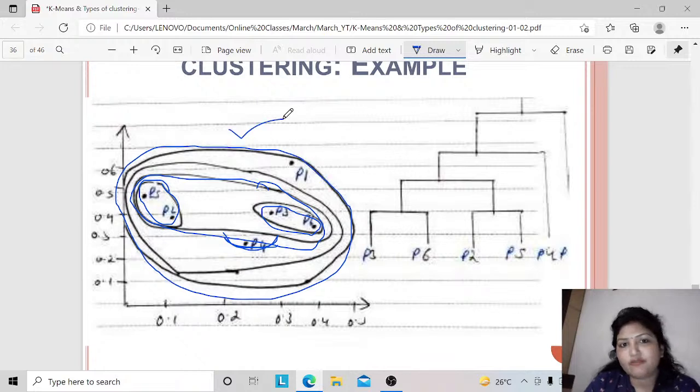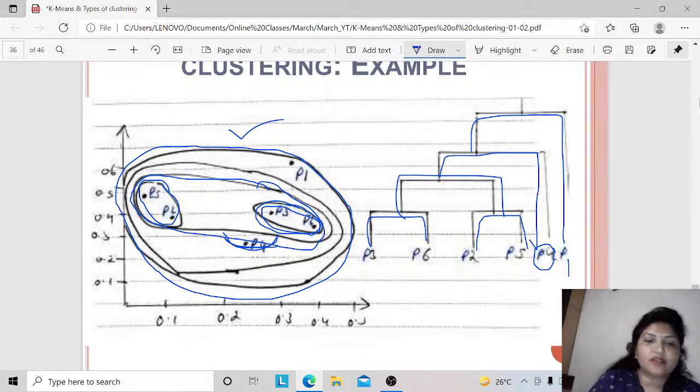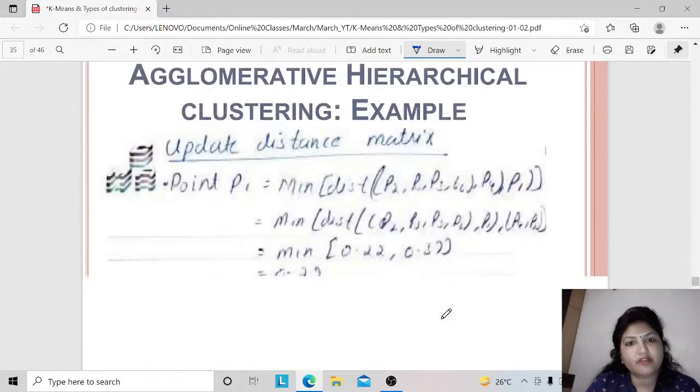So whenever you start with one step, you make the first step, then the second step, then you combine both the hierarchies, and then you take P4, and at last you add P1. So this is how you have derived it using the agglomerative approach.